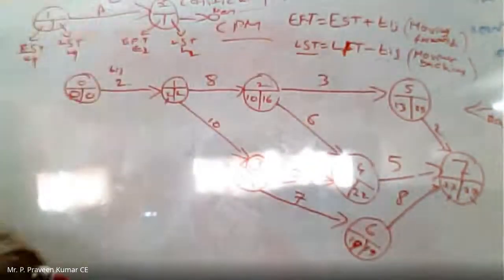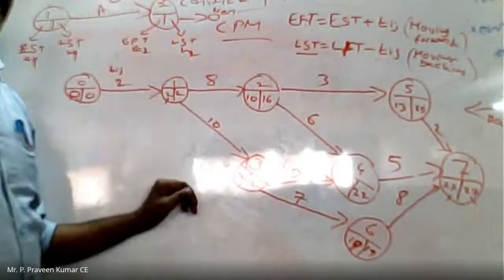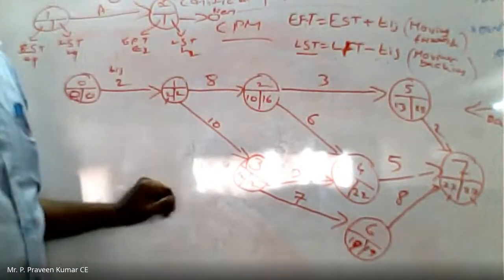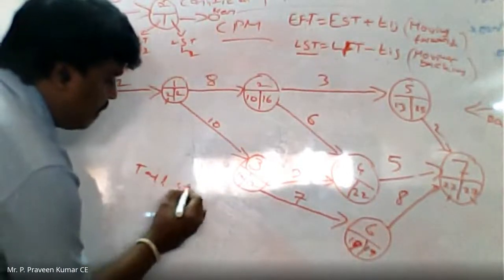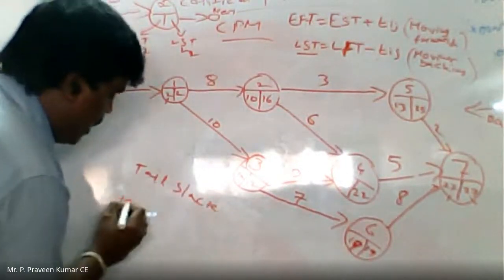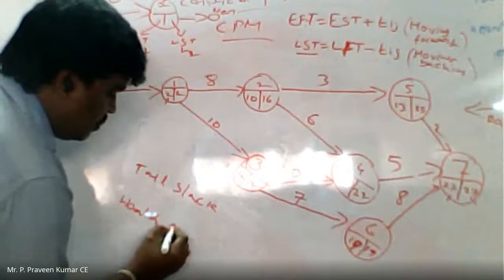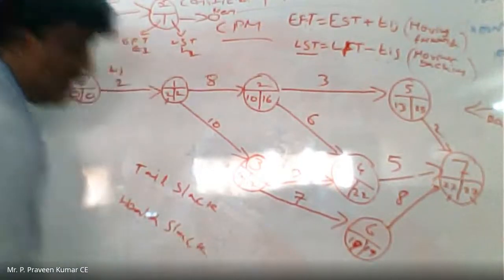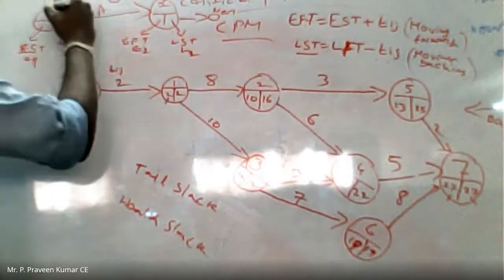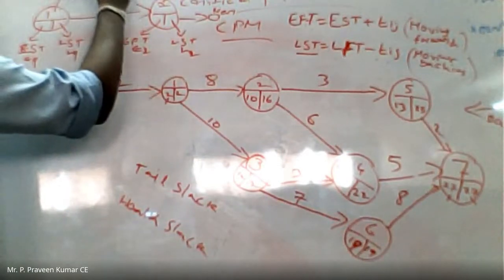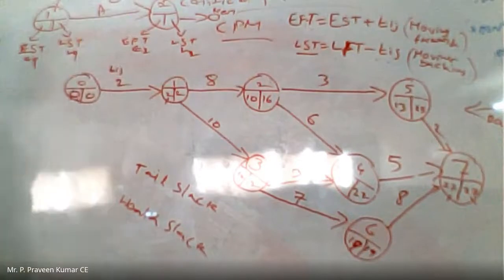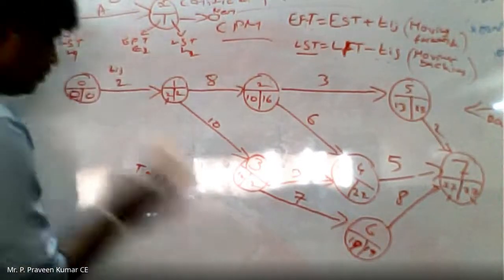See, in the starting, when I was discussing the introduction of CPM, I mentioned tail slack and head slack. What are this tail slack and head slack? See, this is the tail. Can you see here?